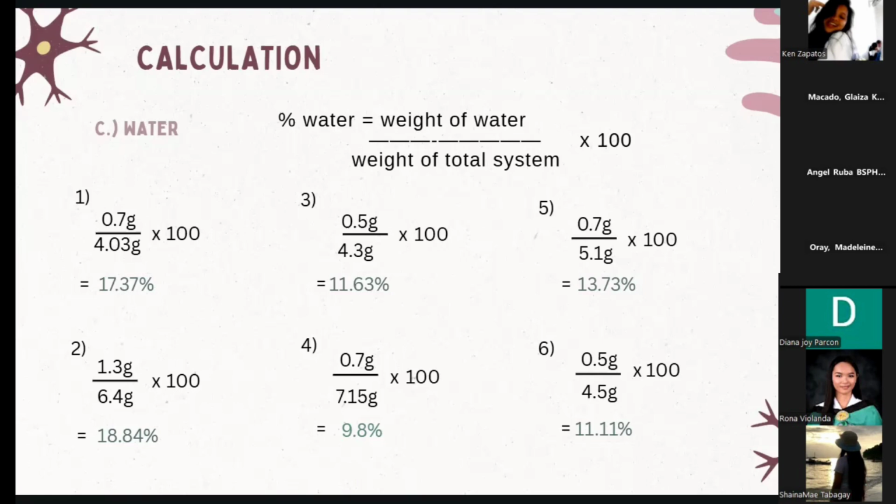For system 6, 0.5 grams divided by 4.5 grams times 100 gives us 11.11%.